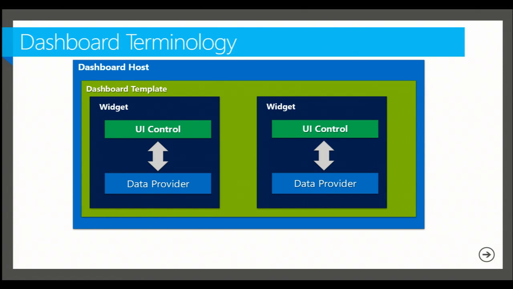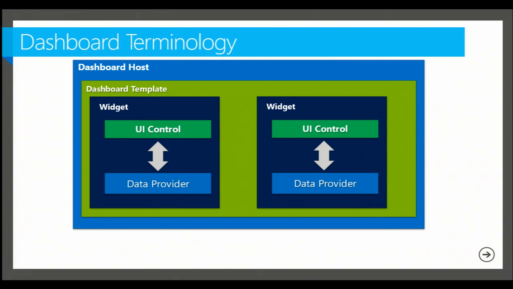The second key term is a dashboard template. A dashboard template is really a simple dashboard layout. It can be a 6-cell layout or a 4-cell layout or even a custom layout that you want. This dashboard template is made up of one or more widgets. A widget is essentially a data provider. A data provider, as most of you are familiar, is a simple query that gathers some data and does some basic processing, and this query is then bound to what we call a UI control.